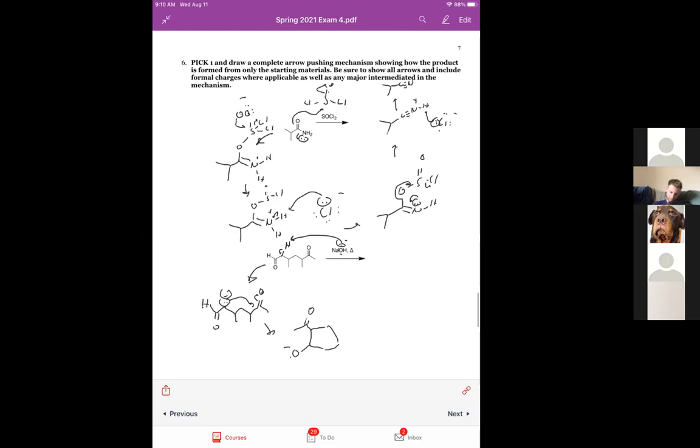We'll protonate with water. And then in our last step, because we're in heat, we can pull off a proton, eliminate this water. To give us our aldol product.